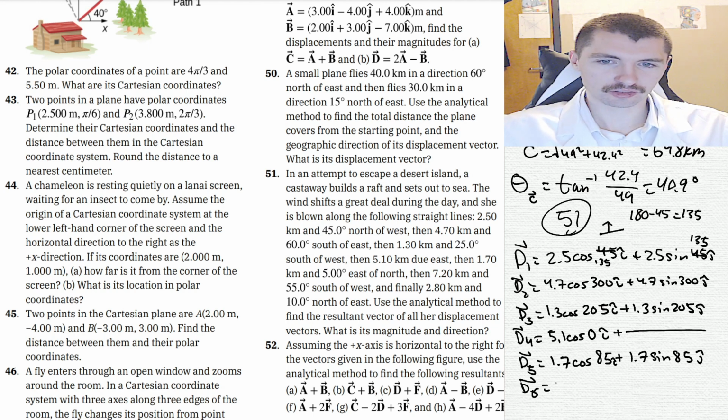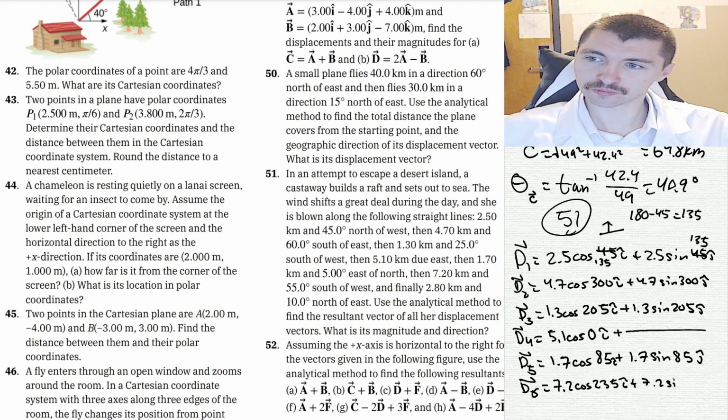Okay, D6. 55 south of west. So that is 180 plus 55. So 180, so 200 plus 35, 235. Okay, and that's a 6, by the way. Okay, D7. 10 degrees north of east.